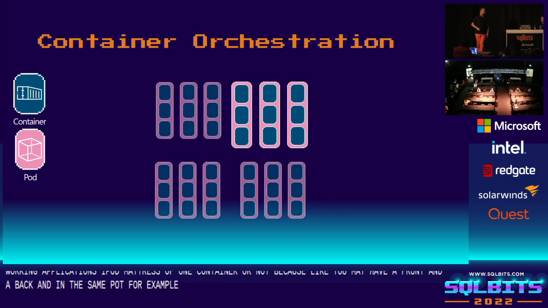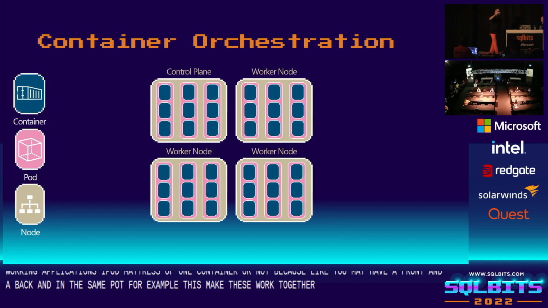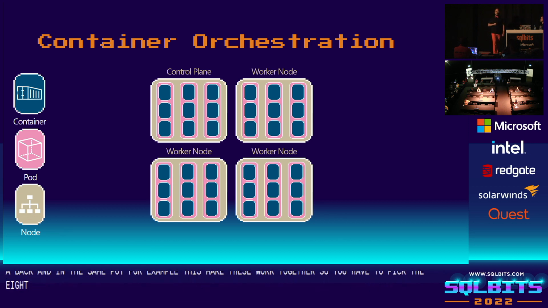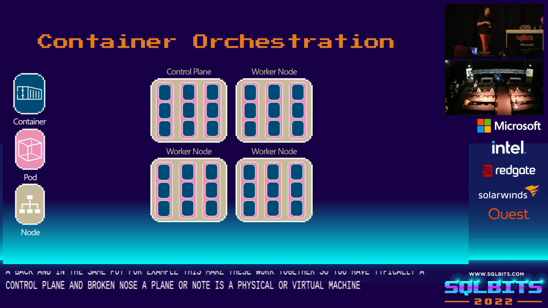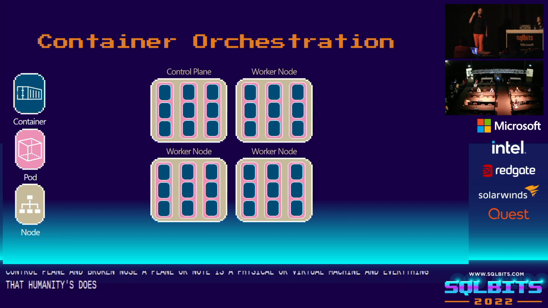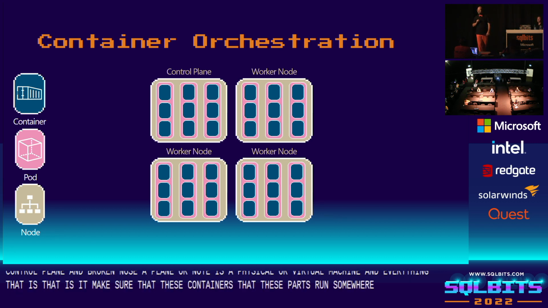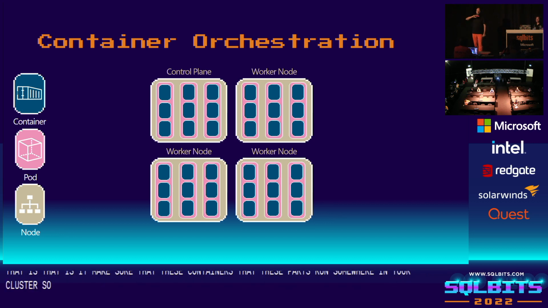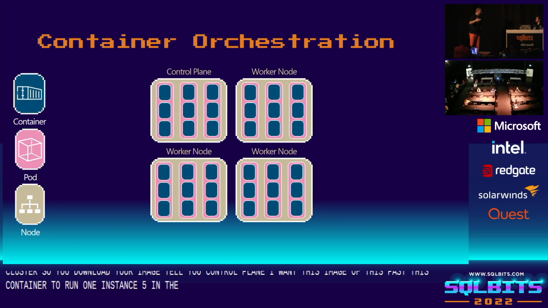What Kubernetes also does is make these work together. You typically have a control plane and worker nodes. A plane or a node is a physical or virtual machine. Everything that Kubernetes does is make sure that these containers, these pods, run somewhere in your cluster. You download your image, tell your control plane, I want this image or this pod to run 1 instance, 5 instances, 10 instances, and the control plane will make sure that happens.